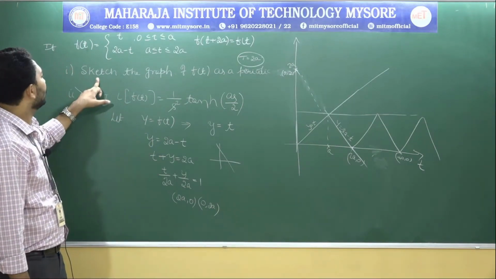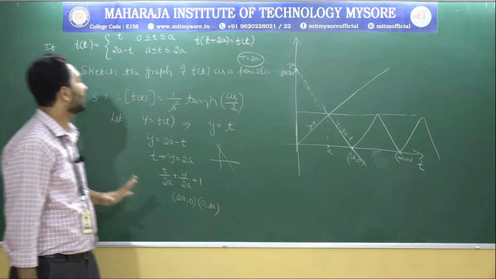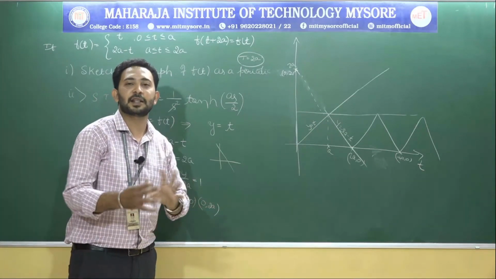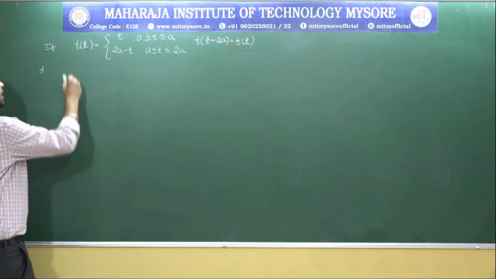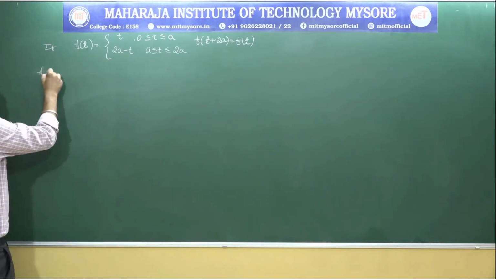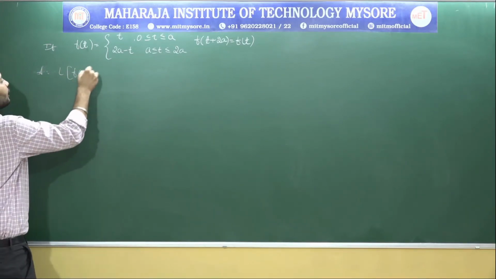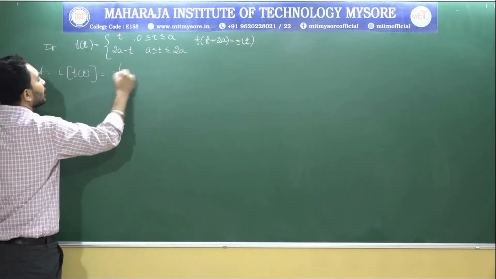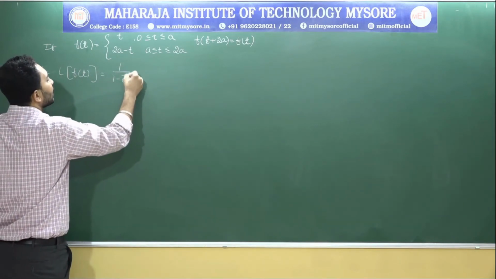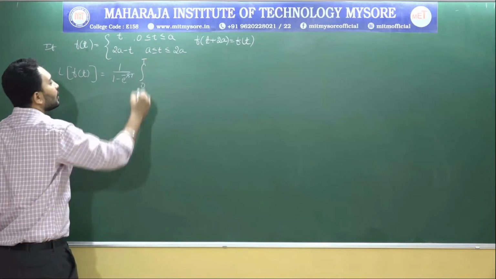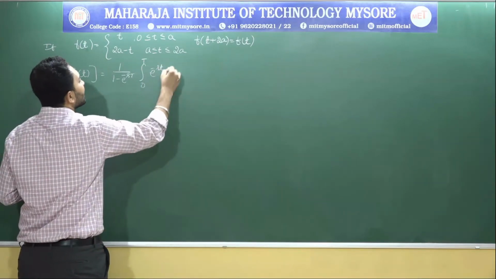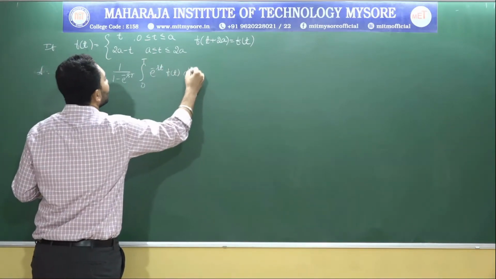For the second one, to find the Laplace of f of t, we require the Laplace transformation formula. So what is the Laplace transformation formula? It is Laplace of f of t equals 1 over 1 minus e power minus s into capital T, integral from 0 to T, e power minus st into f of t into dt.